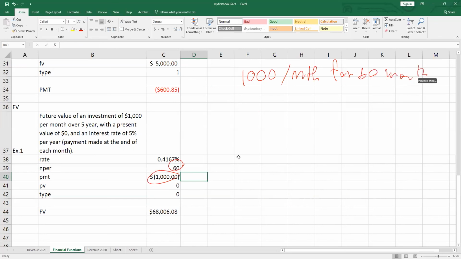If you multiply them together, that means it's 60,000, but the future value here is 68,006.